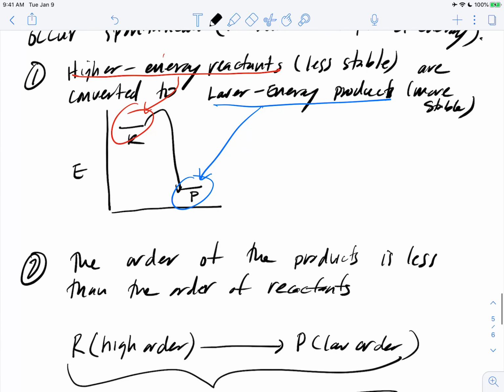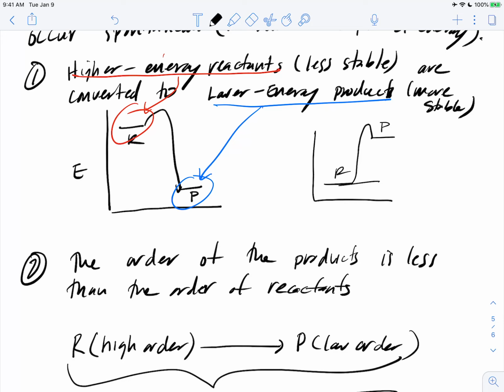So we can actually have a chemical reaction that goes in this direction, and even though it doesn't meet the first requirement, it can still be spontaneous if the second requirement is met and you have high order reactants going to low order products.